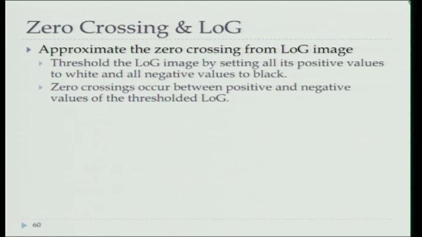The zero crossing occurs between the positive and negative values of the threshold at LOG. So all negative you put dark and all positive you put white, and you get dark, white, dark, and so on. In between, at some position, you consider that a zero crossing element.